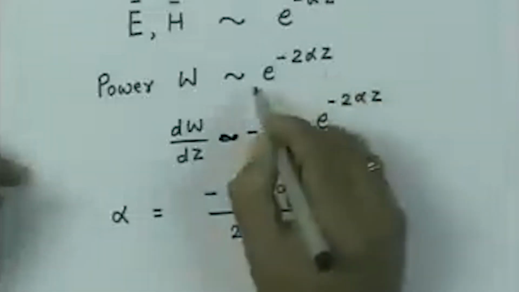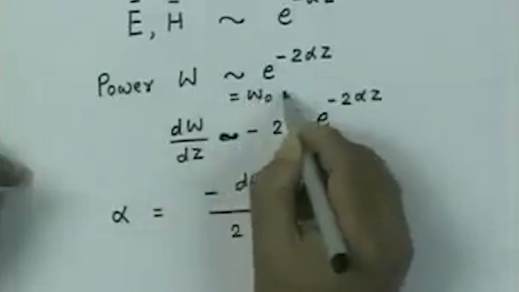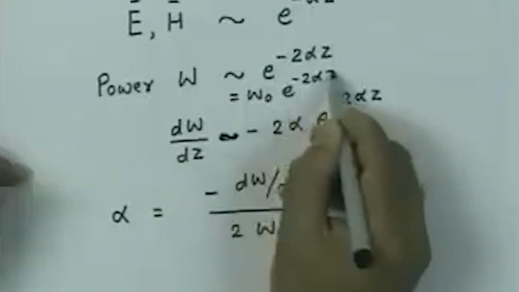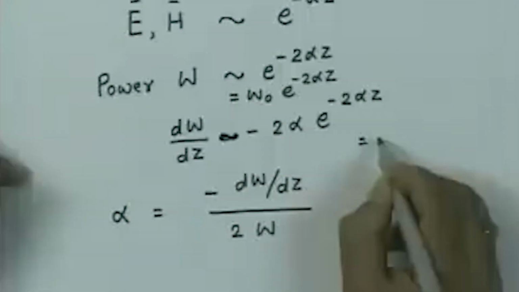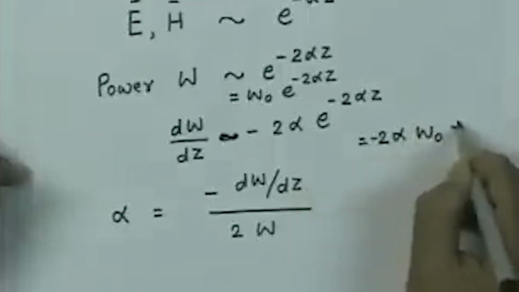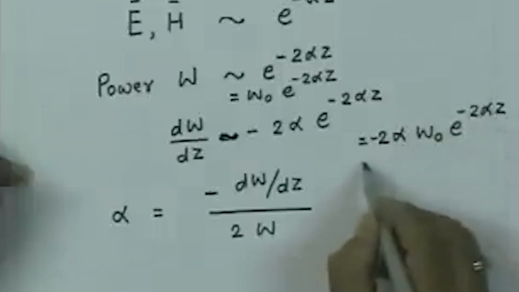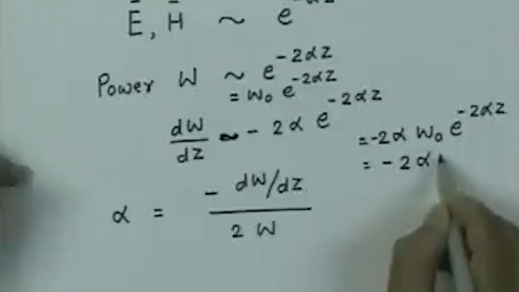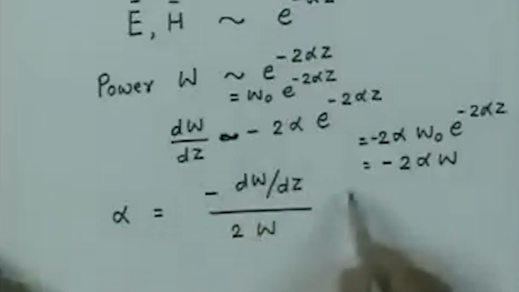If you want to write it explicitly, W is equal to, say, W0 e to the power minus 2 alpha Z. So, dW by dZ will be equal to minus 2 times alpha W0 e to the power minus 2 alpha Z. This quantity is W. So, this is minus 2 alpha into W, and from here we get the attenuation constant, which is like this. Physically, what does this term mean?